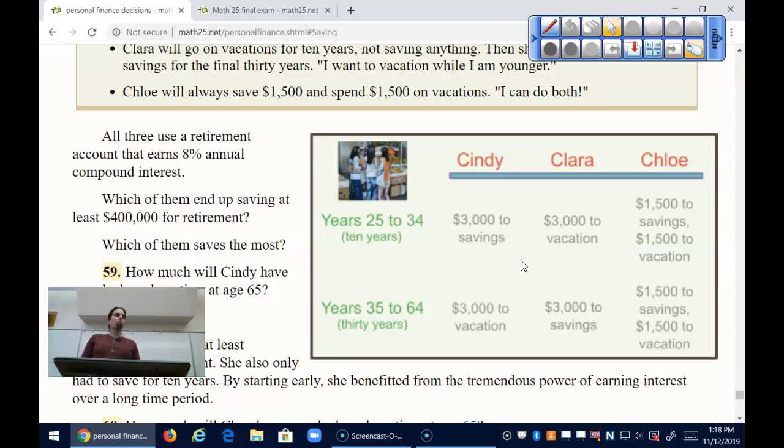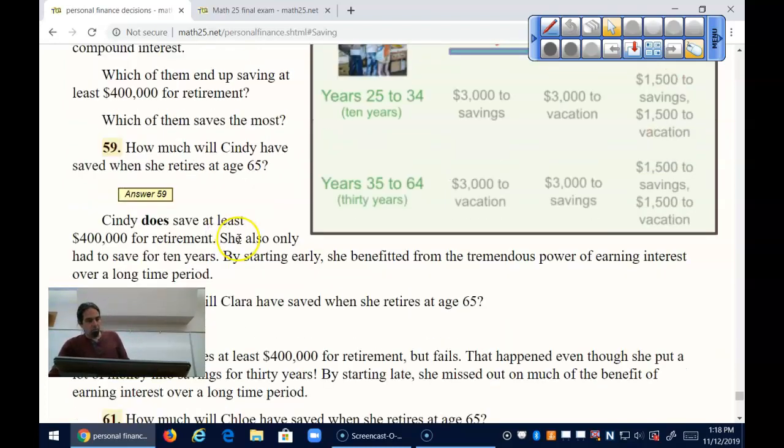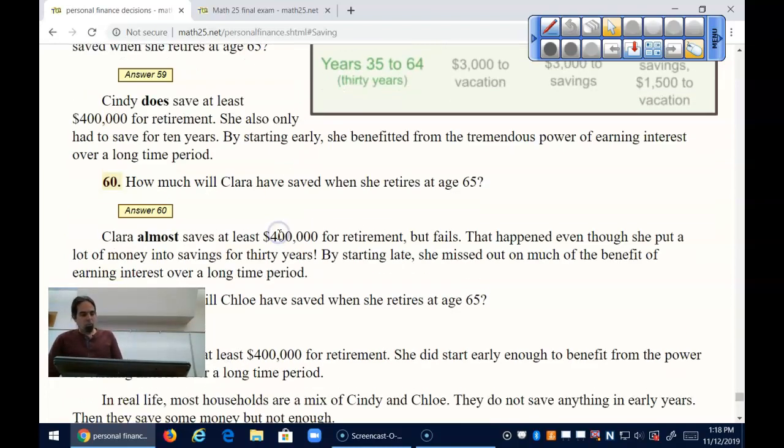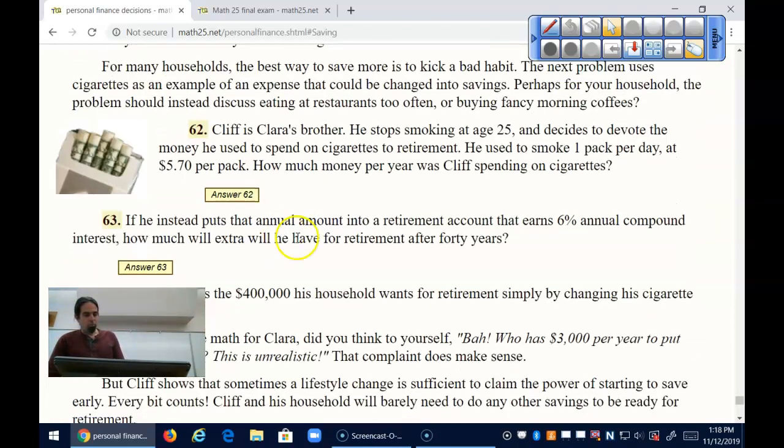So if you want to work on that before Thursday, you can, but that's where we'll start class on Thursday after asking about homework questions. You'll find out that the $400,000 they're somewhat close to, some more, some over.